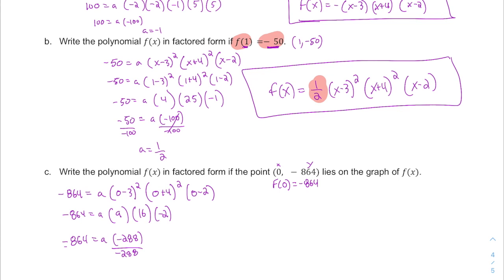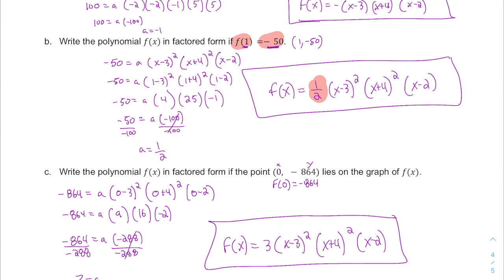I can divide by negative 288 on both sides to get a. And if we divide, we get a is equal to 3. So to write f of x in factored form, I can write f of x equals 3 (x minus 3) squared, (x plus 4) squared, (x minus 2). Okay, so we're in factored form, and we go through the point 0, negative 864 by having a value of 3.